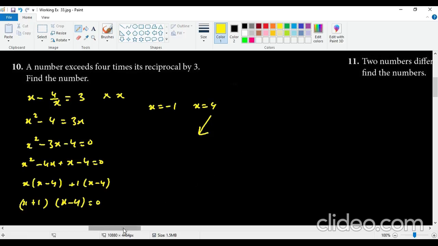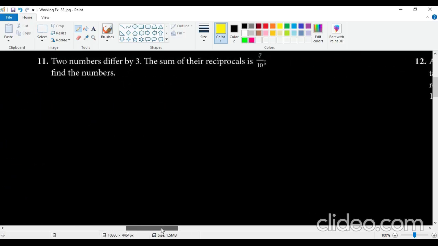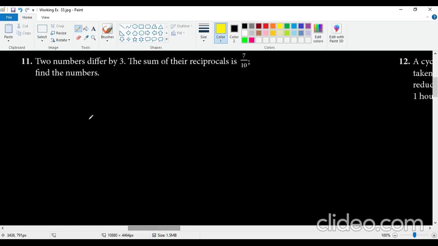Now moving on to question number 11. In question number 11, it says two numbers differ by 3. That means a minus b equals 3. And the sum of their reciprocals is 7 over 10. Reciprocal means 1 over a plus 1 over b is equal to 7 over 10 according to the condition given in the question.